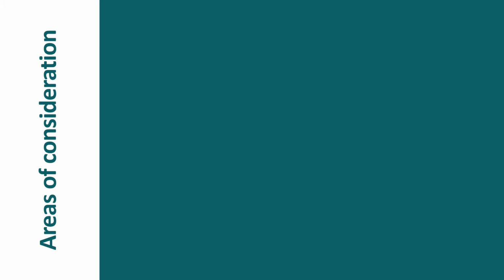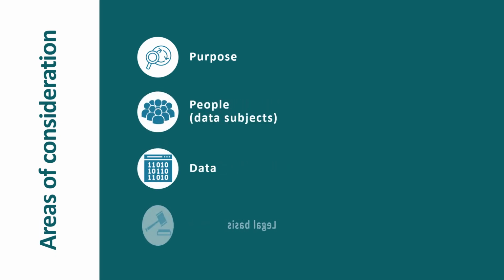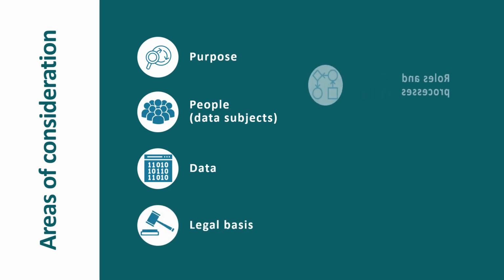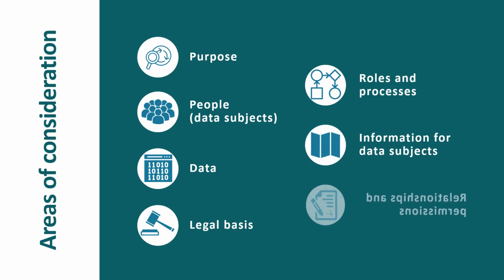In our experience, the main areas to take into account are the purpose for data sharing, the people that the data relate to, referred to as the data subjects, the particular data to be shared, the legal basis for sharing the data, roles and data handling processes, information for the data subjects, and building relationships with relevant stakeholders and gaining permissions. These areas do not necessarily need to be considered in the order presented, however, we have often found it beneficial to begin with clarifying the purpose.